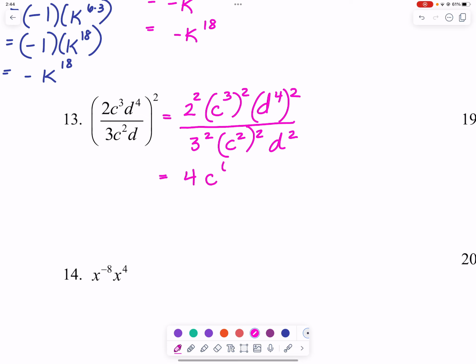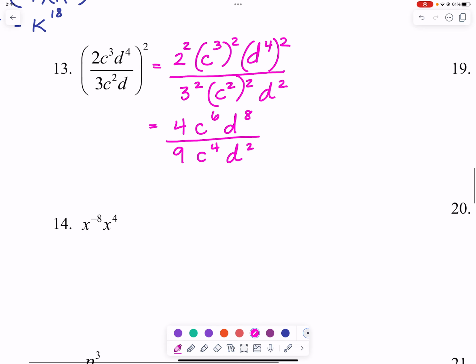We're going to multiply those exponents, multiply those exponents, multiply those exponents. And now we will subtract. So we have 4/9. Let me rewrite that. And then c, 6 minus 4 is 2. d, 8 minus 2 is 6.